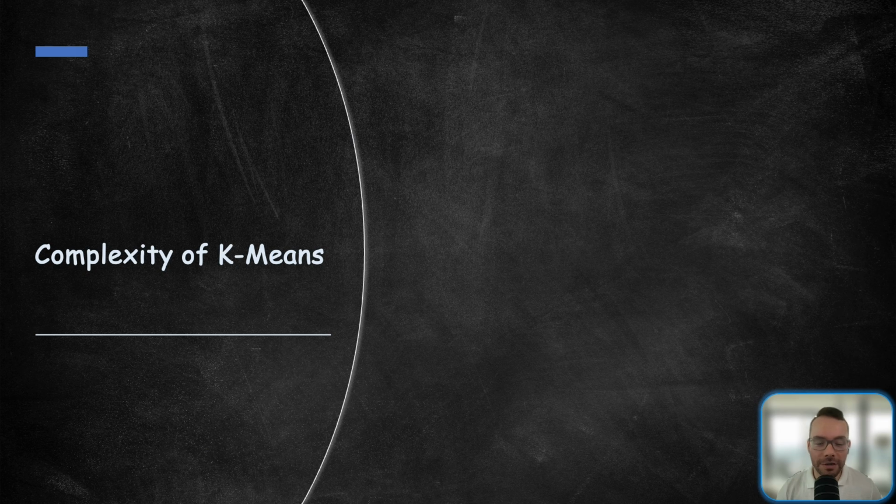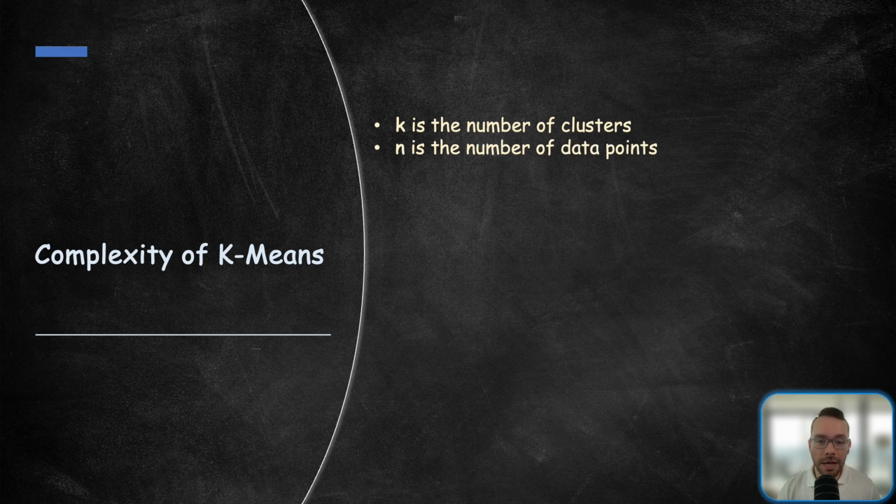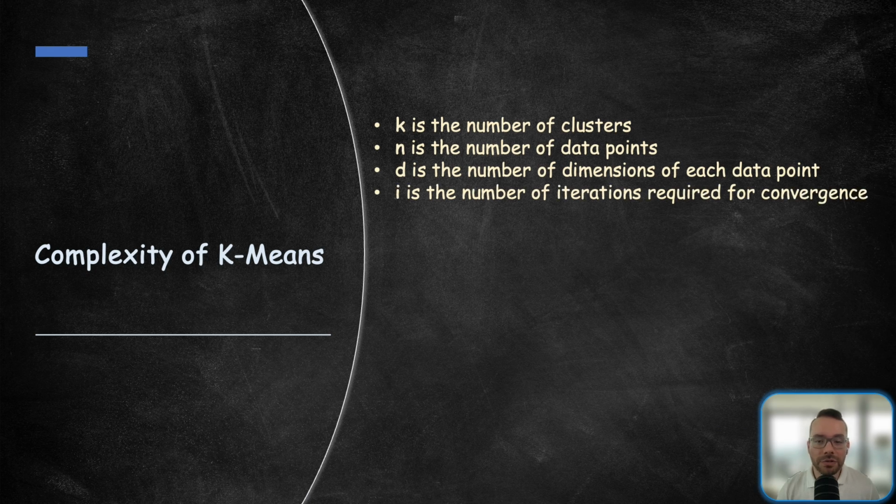Now let's take a look at the complexity of the k-means algorithm. So let's define k as the number of clusters, n as the number of data points in the data set, d as the number of dimensions of each data point. So these are the features that we're considering for this clustering problem. And finally, I is the number of iterations involved in order to reach convergence or until we terminate the algorithm.